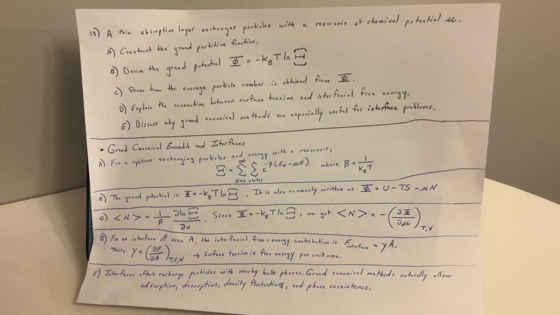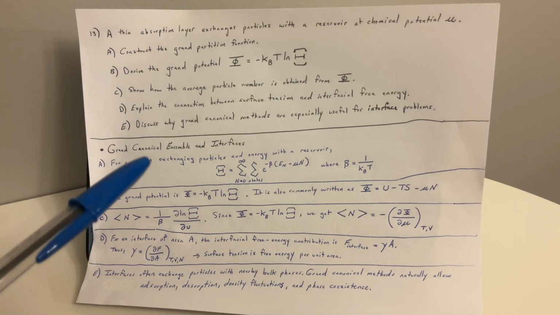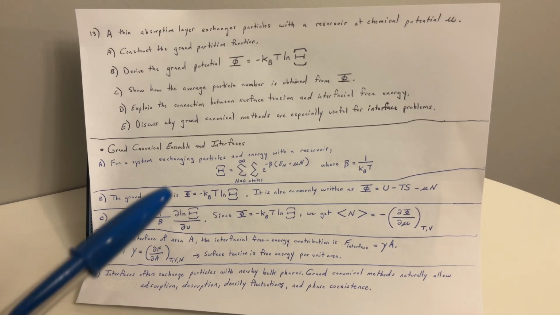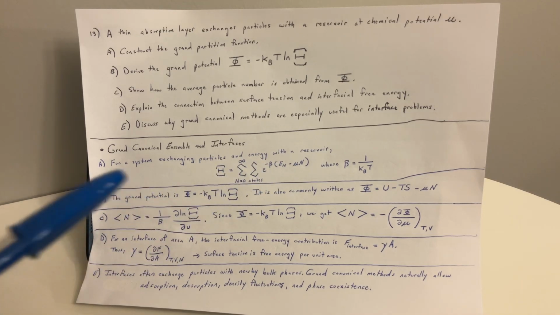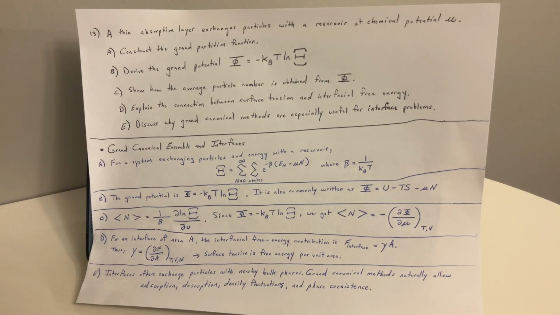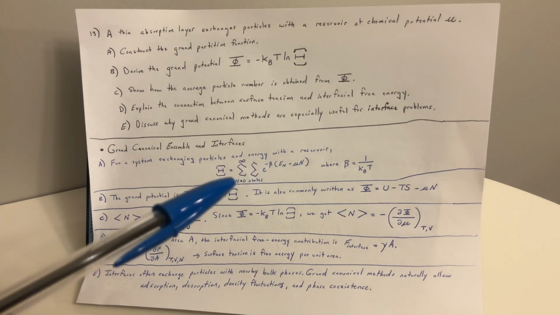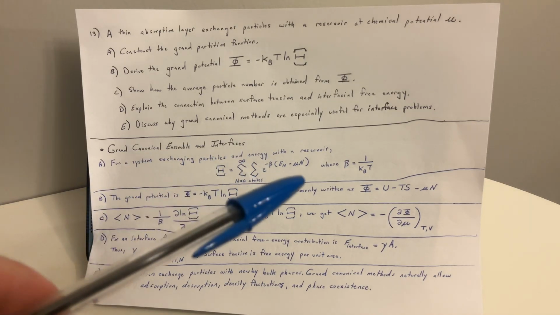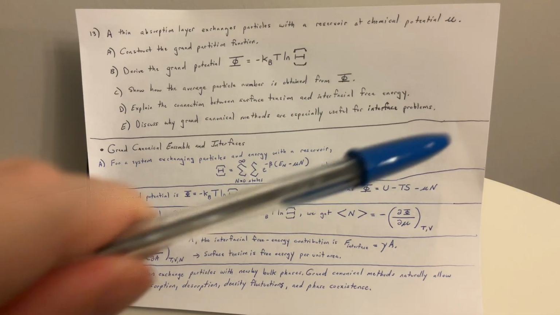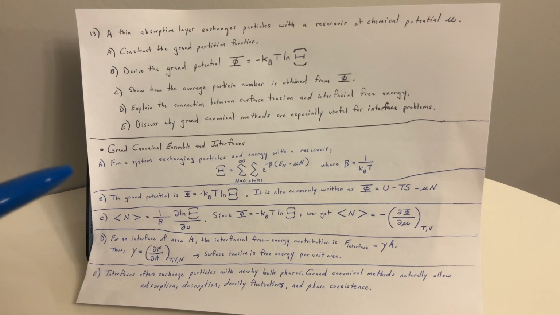This is the grand canonical ensemble for a system exchanging particles and energy with a reservoir. Here we get this entire quantity, our xi equals these summations, where beta is 1 over k sub B T. So this is canonical, part A.